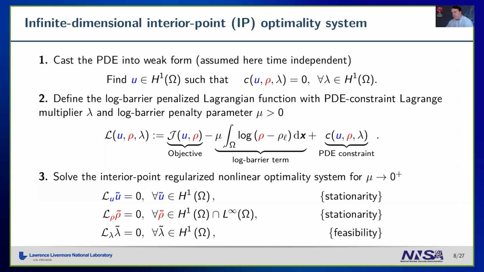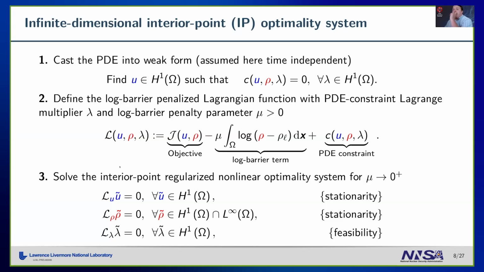One writes a log barrier objective where one has effectively penalized the parameter, pushing it away from the lower bound rho L. And then there's a sequence of solves for the log barrier subproblem, decreasing that penalty parameter.